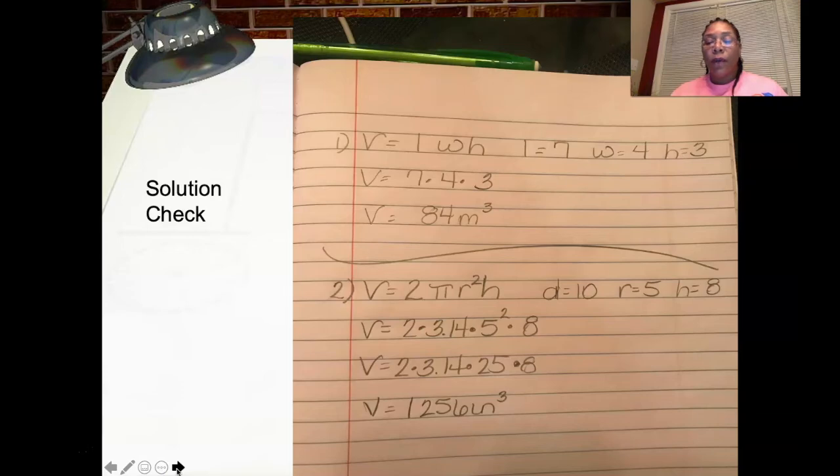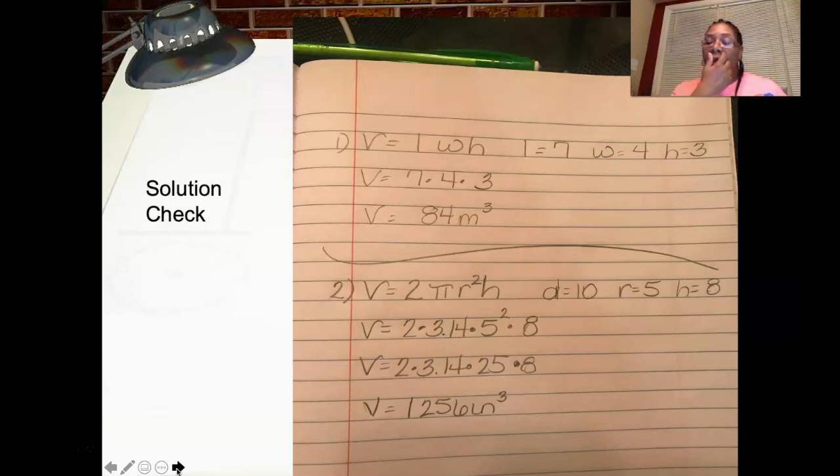Number 2, in this cylinder, the first thing I saw was it gave me a diameter of 10. So I don't need diameter in my formula. I knew to take that diameter, divide it by 2, give me the number 5, and that became my radius. And then my height is 8. Then I can plug this into my formula.